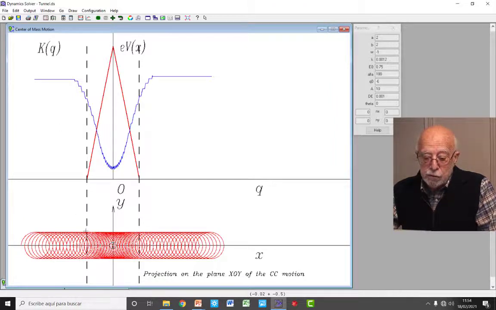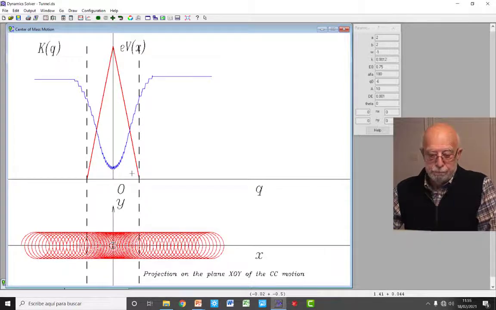But when the center of charge is outside that region, the kinetic energy remains constant. Decreases, remains constant, decreases, remains constant. When it is completely inside this region and the center of charge reaches the right-hand side area, the kinetic energy increases because the force is to the right. So here it decreases, increases, and so on, and the final result is that the electron has crossed that barrier.